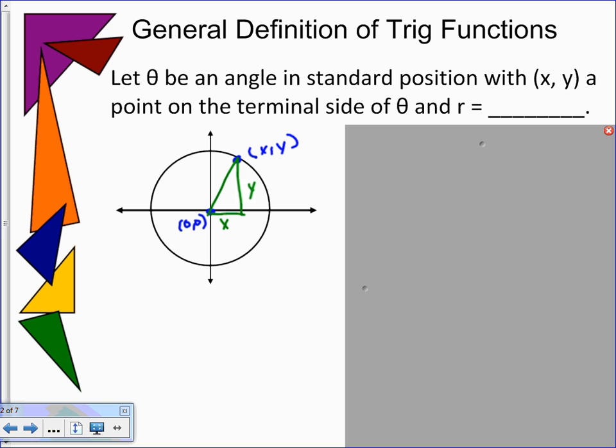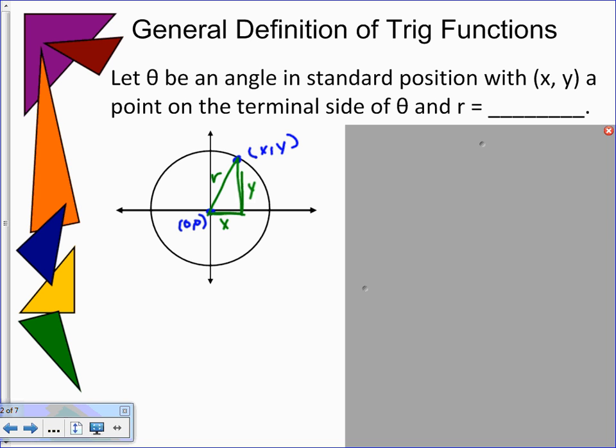That's why I have the circle drawn there. You'll see a little bit later, I'll just ignore the circle. But that's why we have R in our definition: we're going to call the hypotenuse of this right triangle R for radius, so that if I took this point XY and moved it around the circle, I would always have the same radius, no matter what quadrant I'm in.